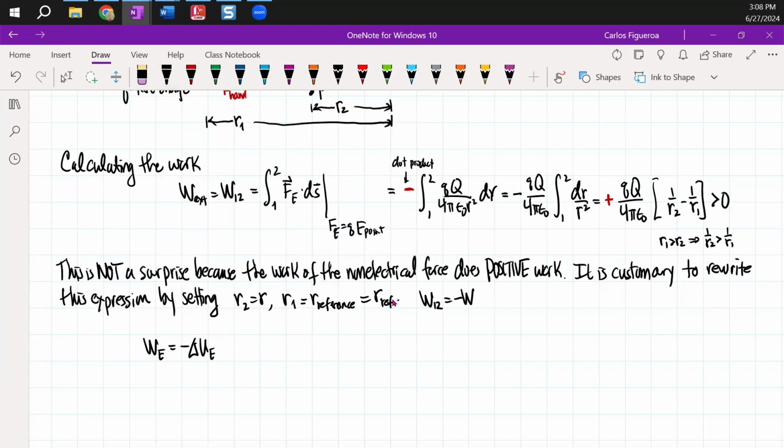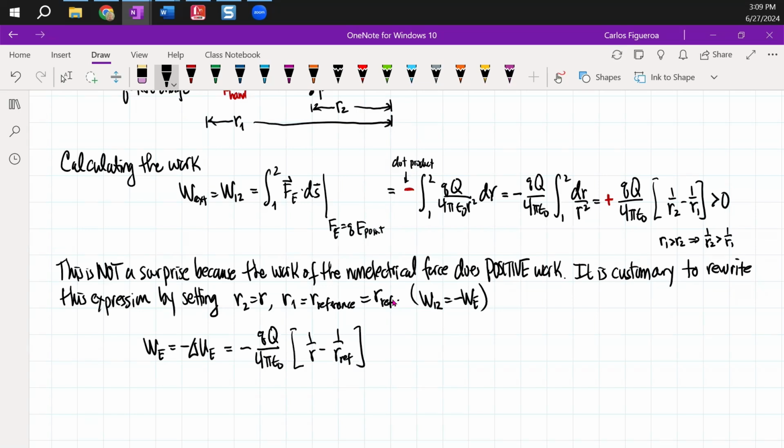Ooh, not external, of the electrical here. That's where I'm getting that result right there. So when I write this, then this is going to be minus 1 over 4 pi epsilon, little q, big Q, of 1 over R reference. And that's how we write that potential function.